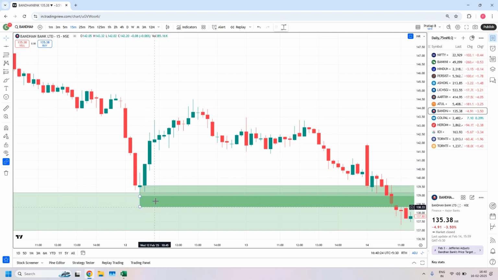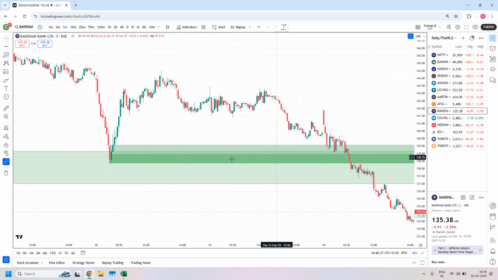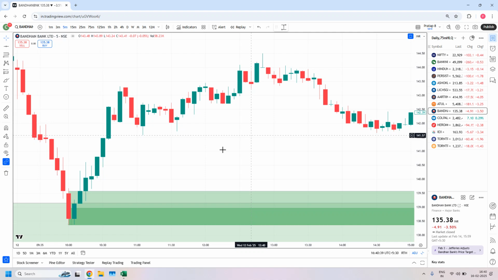Maybe there could be a 5 minutes order flow. They may work. Many times they work. Maybe today it is violated. So that means at the 15 minutes level we compromised and drew the zone.